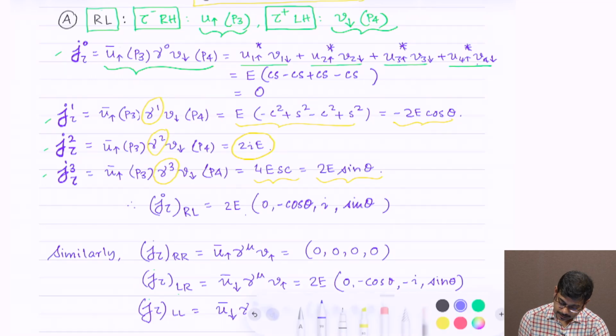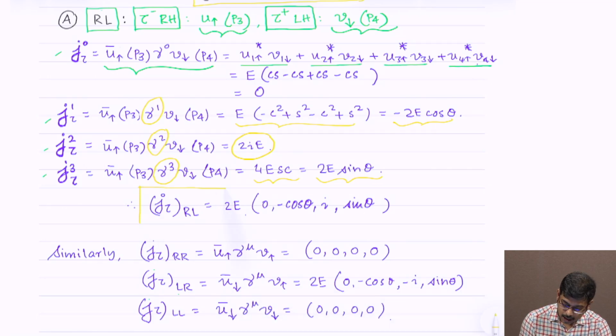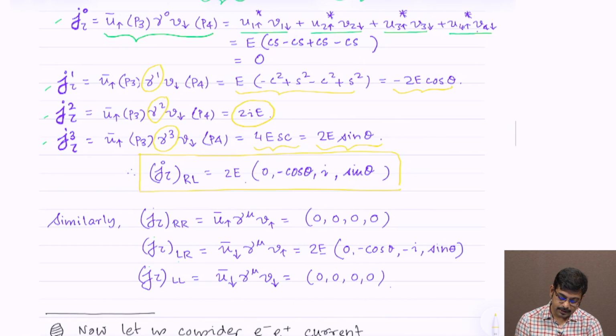So, this is essentially what I have for J tau in the RL configuration. Now, this is the exercise that I have to repeat for each of these cases, and I can find out that J tau RR is going to be U bar up gamma mu V up, right. This is the RR combination and it turns out to be identically 0.